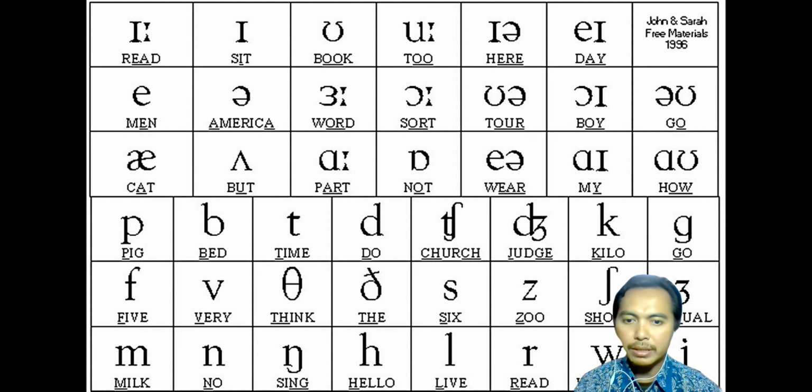So these are some examples of how we do the consonants and vowels in English, and examples of words which have those sounds.